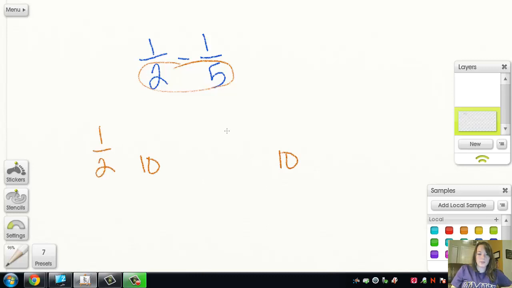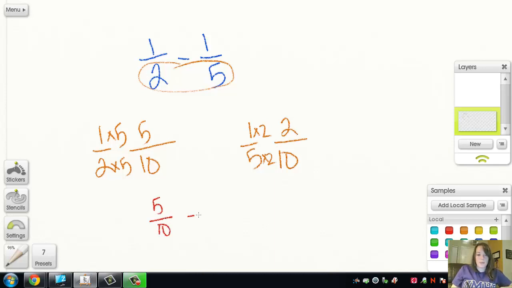So I have 1/2 and 1/5. 2 times 5 is 10. So 1 times 5 is 5. 5 times 2 is 10. So 1 times 2 is 2. So now I have 5 over 10 minus, don't forget, 2 over 10.